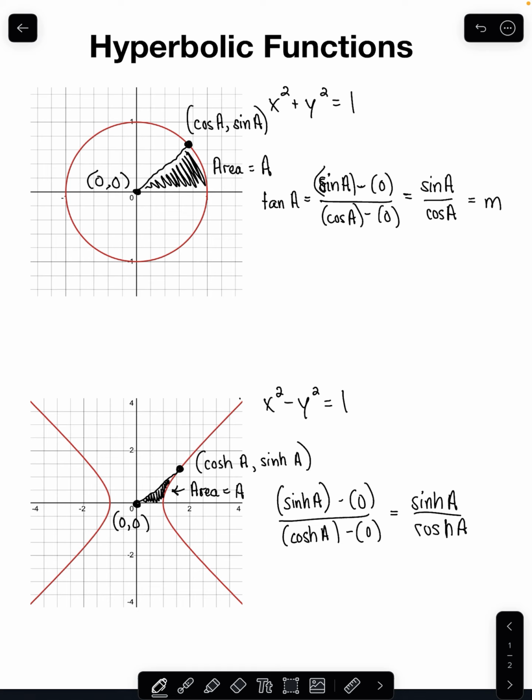And why not then call this the hyperbolic tangent of a? Everything about it is the same in terms of this formula, except for those extra h's, signifying that these are hyperbolic functions. So the trigonometric functions and the hyperbolic functions have very, very similar properties.